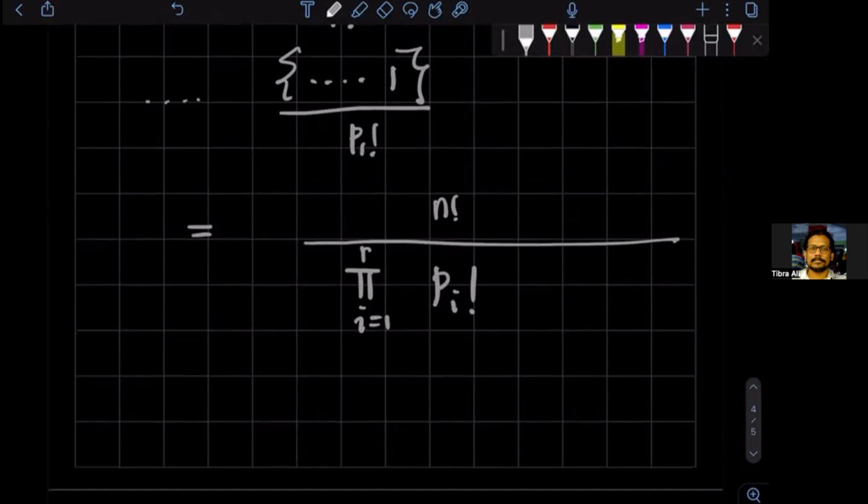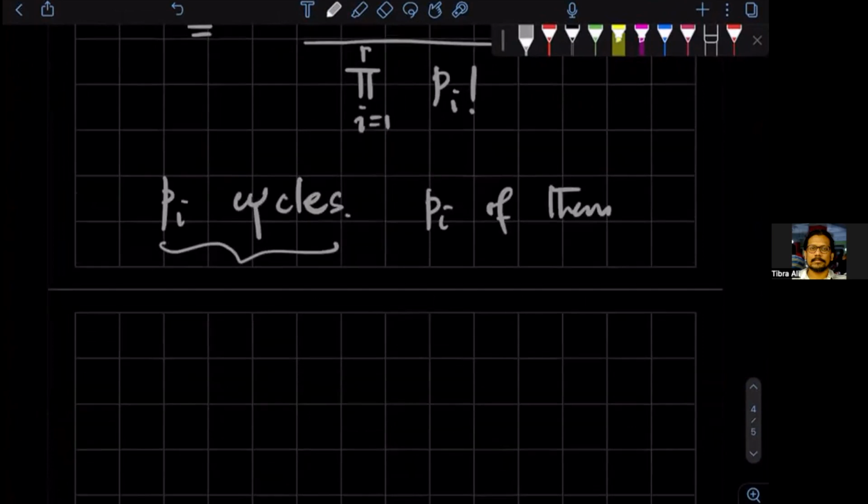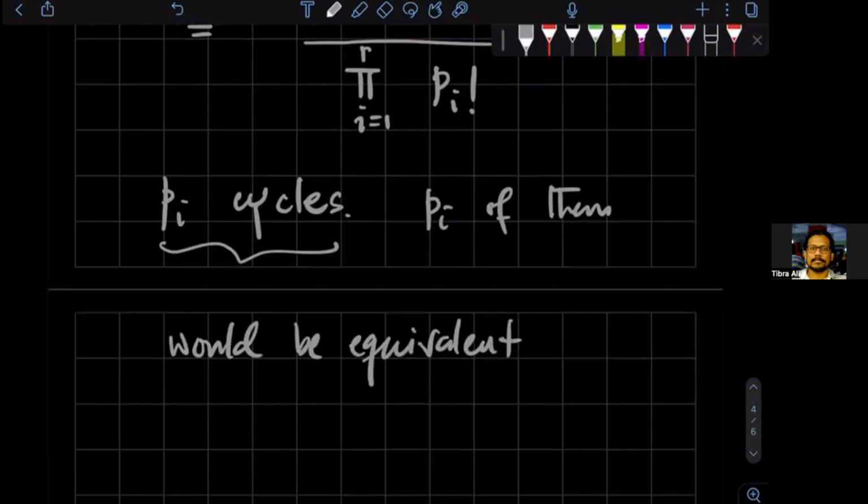And to do that, we know that if I take a Pi cycle, well, I should say, if I look at the Pi cycles, then Pi of them would be equivalent under cyclic permutation.